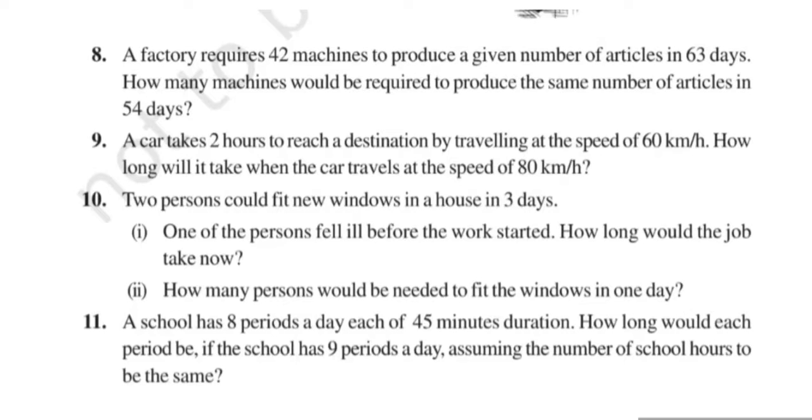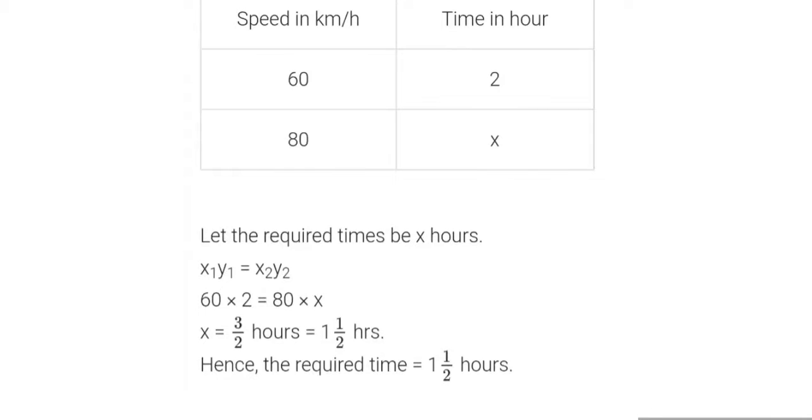Now see question number 9. A car takes 2 hours to reach a destination by traveling at the speed of 60 km per hour. How long will it take when the car travels at the speed of 80 km per hour? So here on increasing the speed, it will take less time to travel the distance. That's why the two quantities are in inverse proportion.